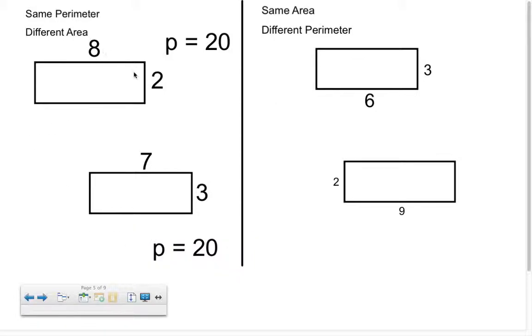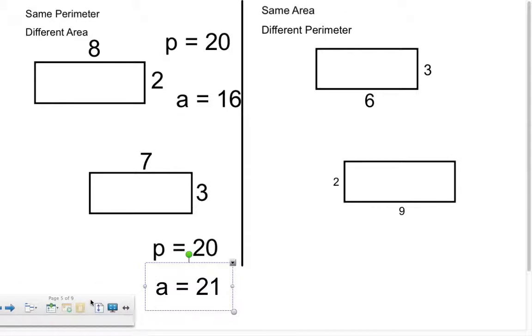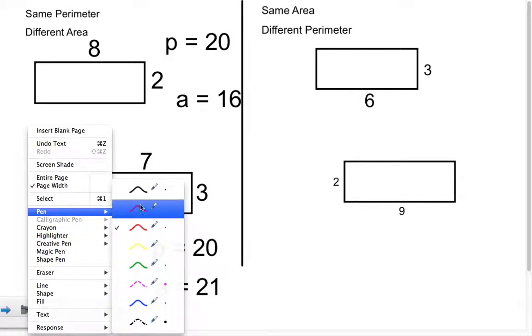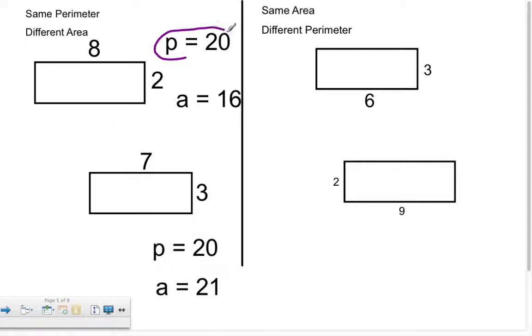But if we multiply for the area, we'll get 8 times 2, which would equal 16. And if we multiply for this area, we'll get 7 times 3, which would equal 21. So as you can see, we have the same perimeter in these two rectangles, but we have different areas. Same perimeter, but different areas.